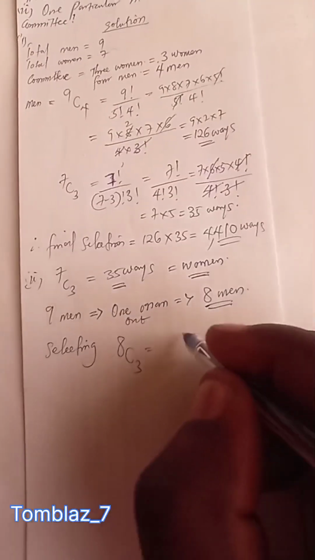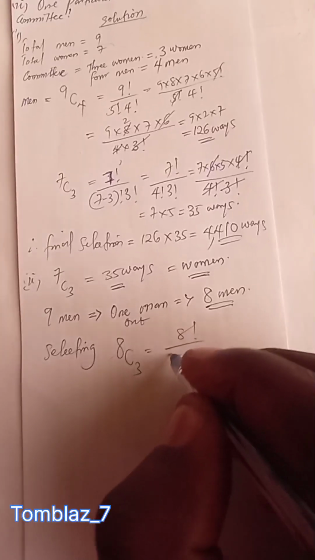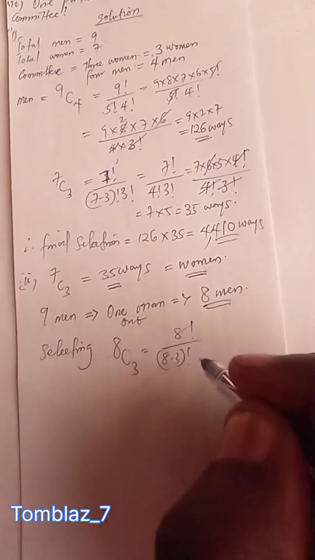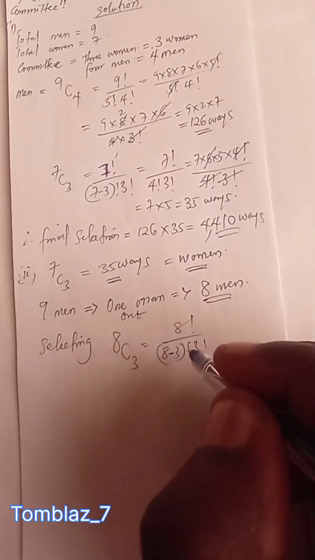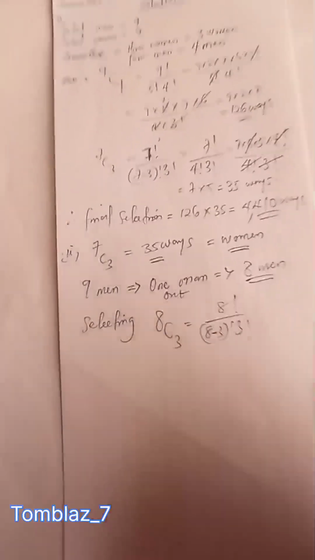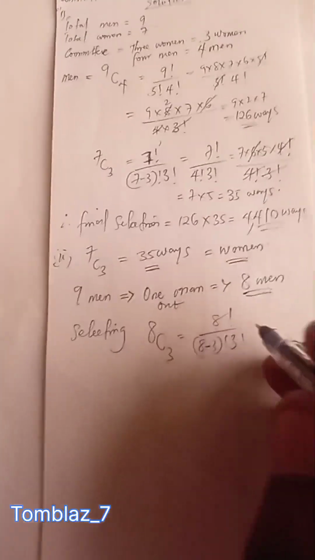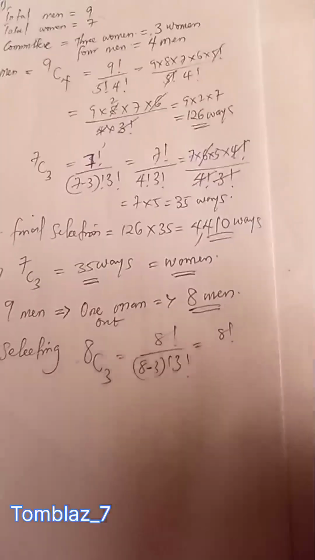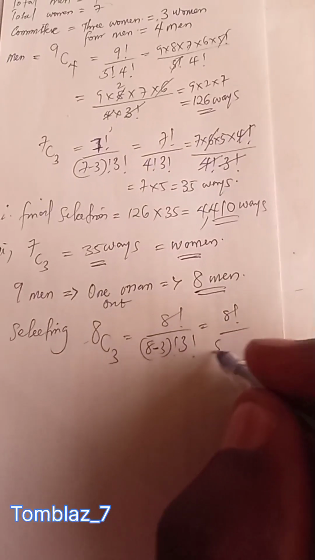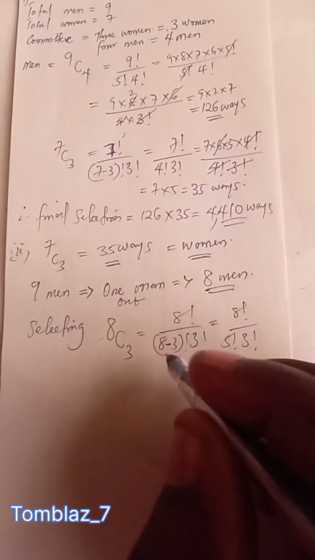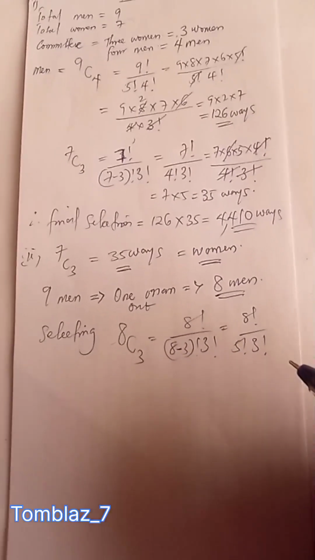So this is going to give you 8 factorial all over 8 minus 3 factorial 3 factorial. Okay, so let's break this down now. It's going to be 8 factorial all over 5 factorial 3 factorial. 8 minus 3 is 5.